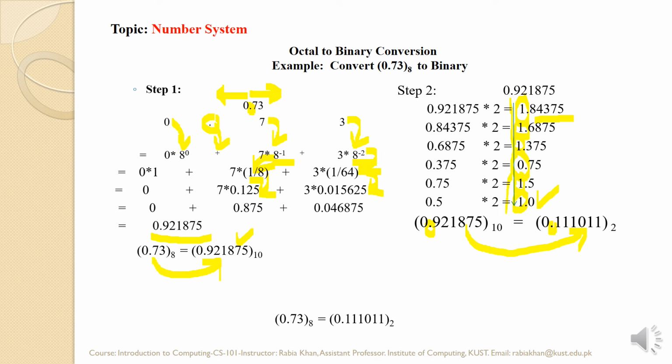Collectively we write the answer for the given problem, 0.73, which is converted indirectly into a binary number, and the converted binary number is 0.111011. So this is how you can apply both the techniques, direct and indirect, on fractional numbers as well.